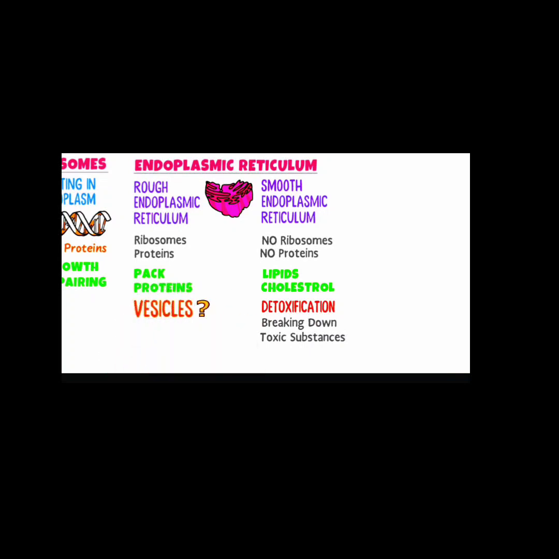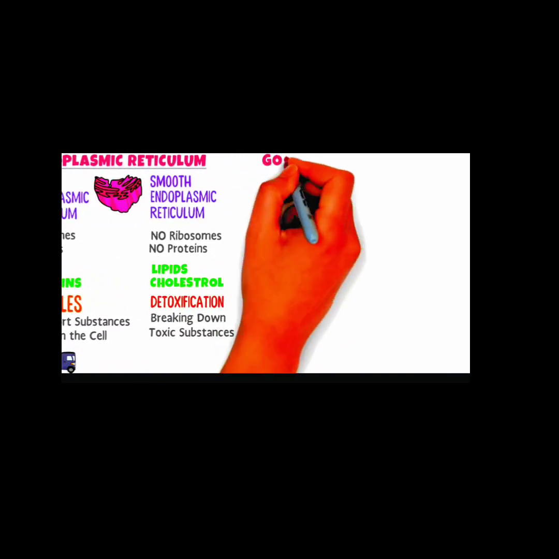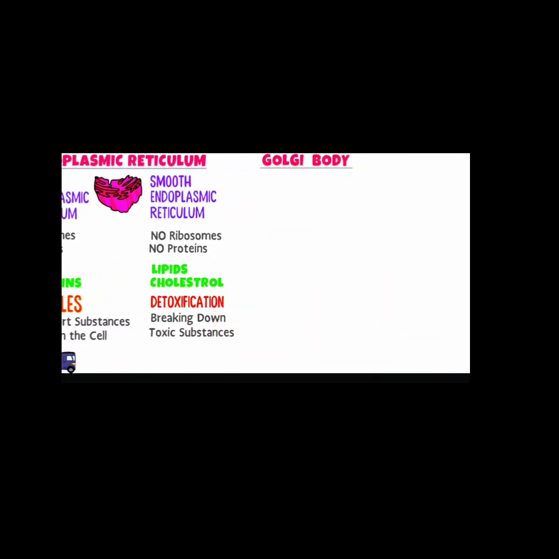What are the vesicles? The vesicles are trucks within the cell. They transport substances within the cell from one part of the cell to another. The protein formed by the ribosomes and packed by the rough endoplasmic reticulum is then transported by the vesicle to the Golgi apparatus, which is also known as Golgi bodies.